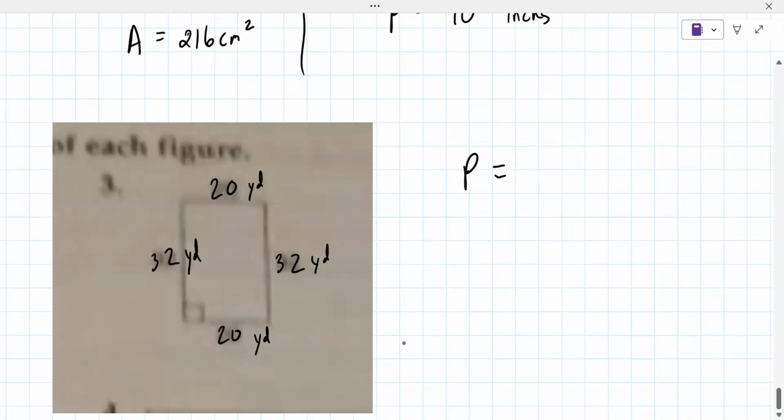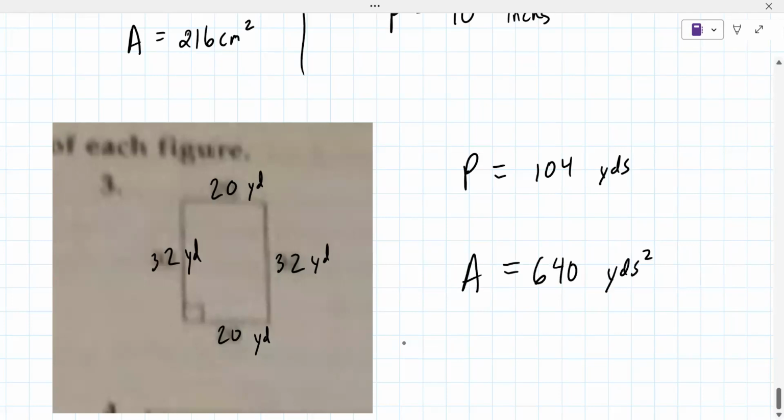20, 32. The perimeter is 104 yards. All right, how about the area? 20 times 32. 640 yards squared.